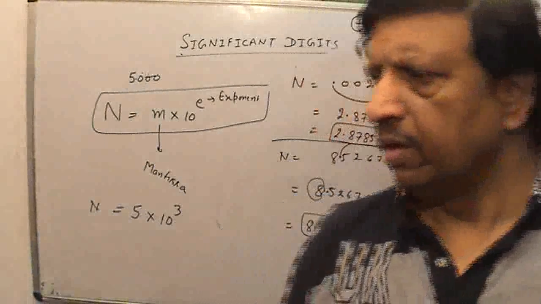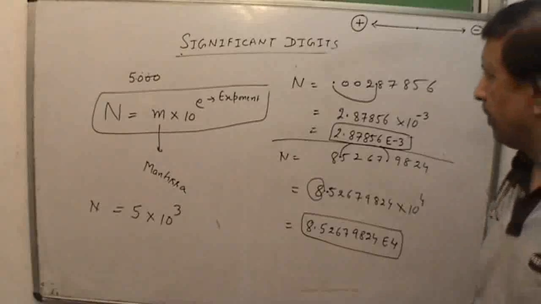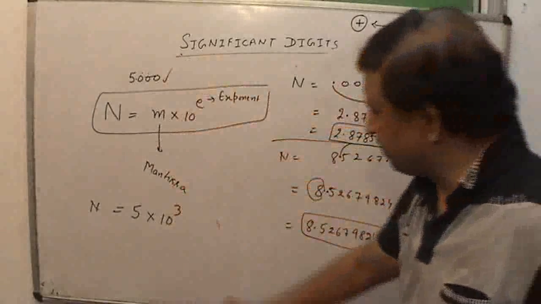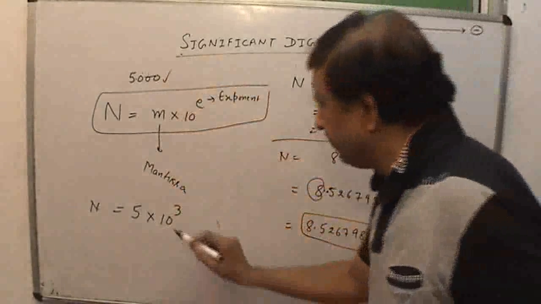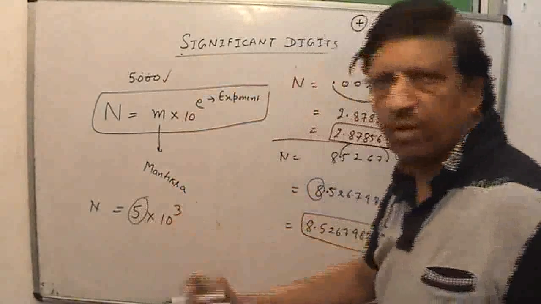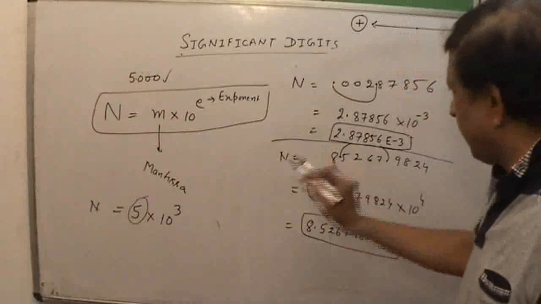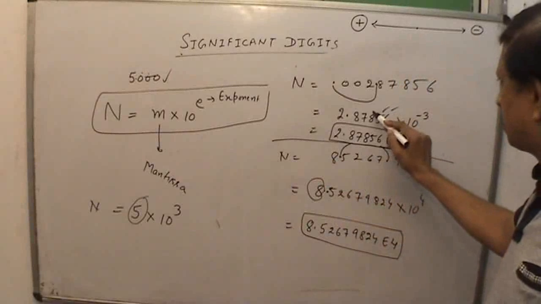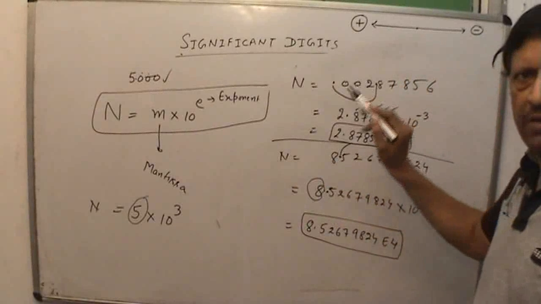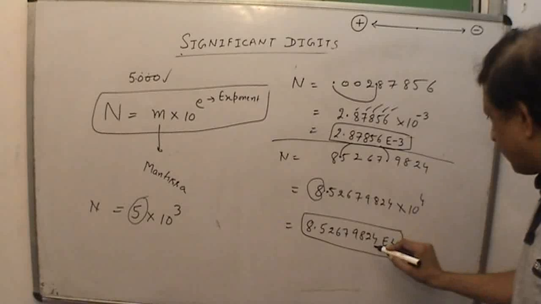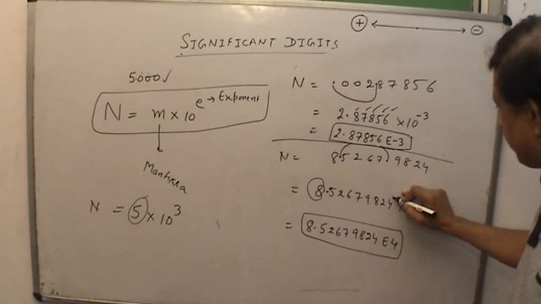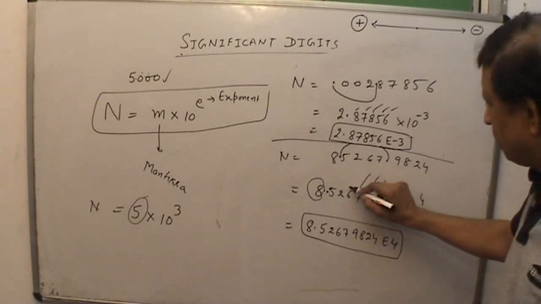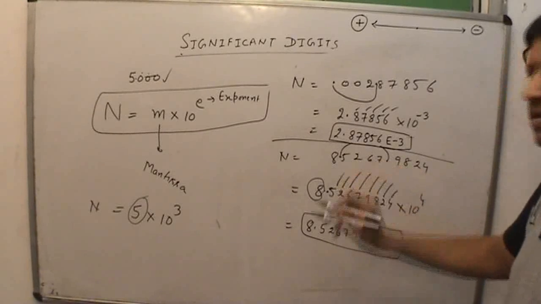Now we see there are only 4 digits. We can write in this way. It means the mantissa has only 1 digit. Now, after the decimal, we see there are 1, 2, 3, 4 and 5 digits. Here in the mantissa there are 1, 2, 3, 4, 5, 6, 7, 8 digits.